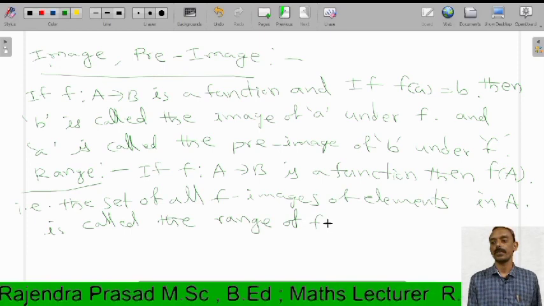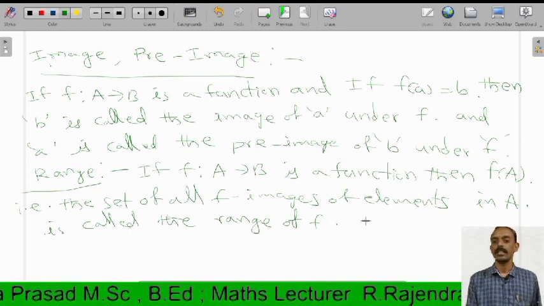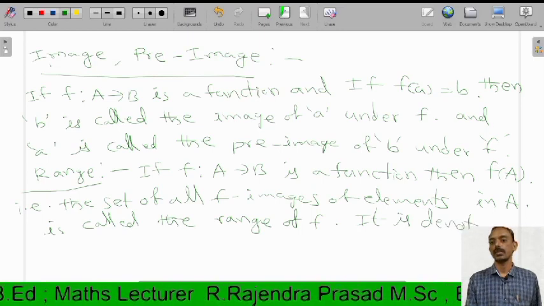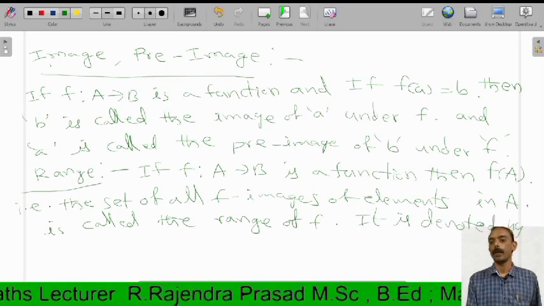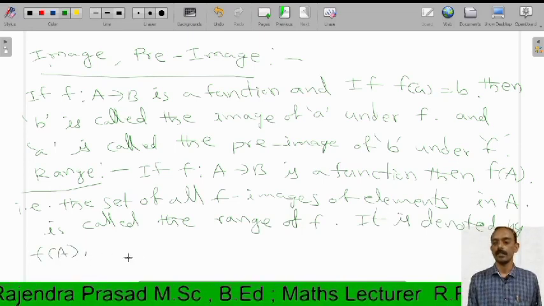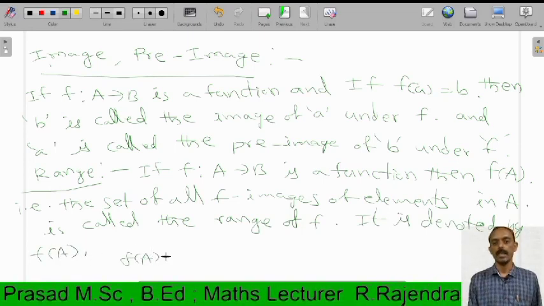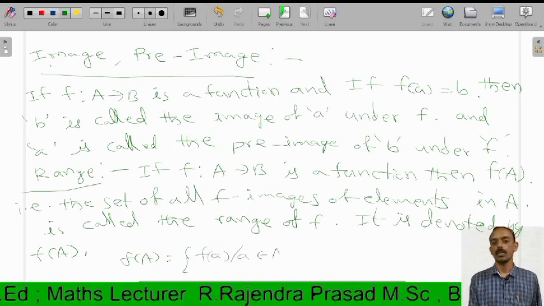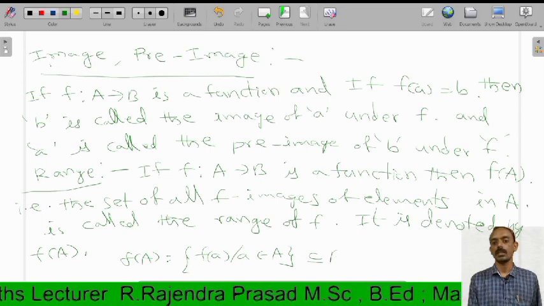It is denoted by f of A, that is f of A equals the set of f of a such that a belongs to A, which is a subset of or equal to B.